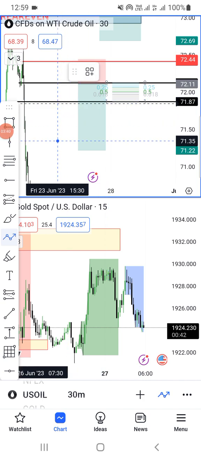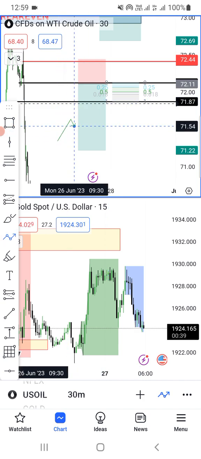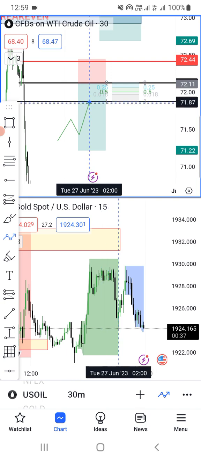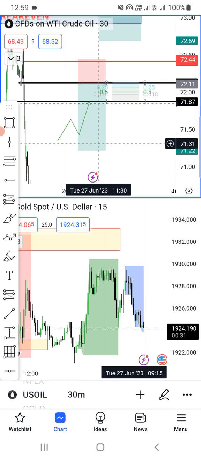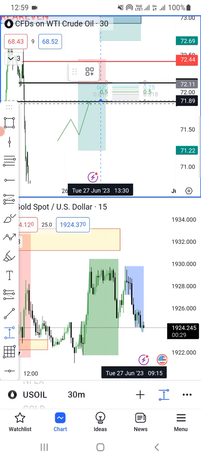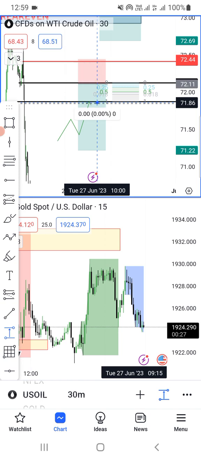For example, price is going to my area, like this, and it triggers your first limit order and then comes back 25 pips from here.